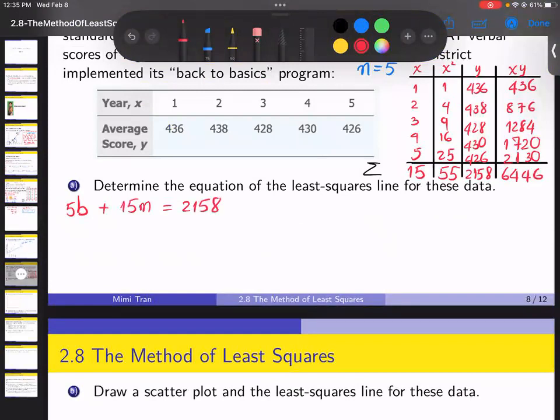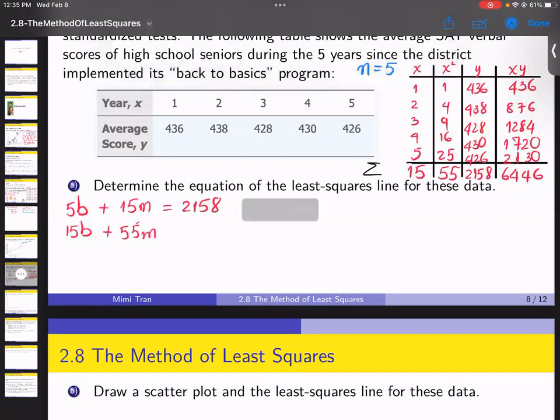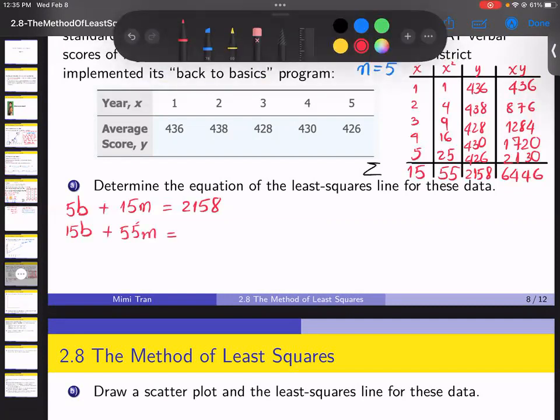For the second one, it will be the sum of x times b, so 15b, plus the sum of x squared times m, so 55m, equals the sum of xy, which is 6446. On the exam, I'll give you the formula, okay? You're not memorizing that.